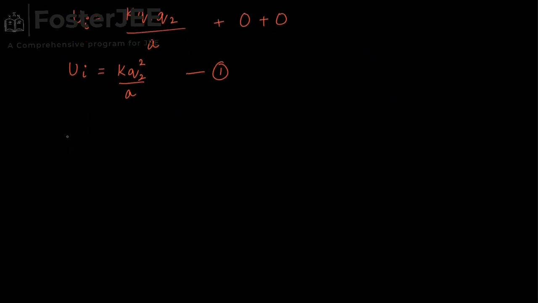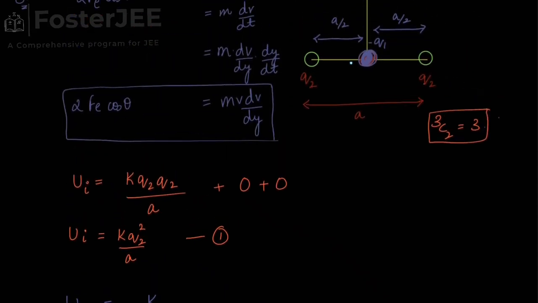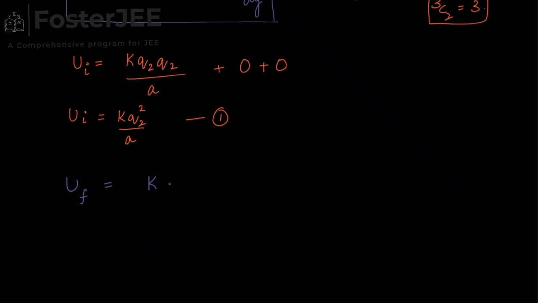Now what will be the final potential energy of the system? That would be K, first we will write the potential energy of this charge minus Q1 and this charge Q2. So that would be K Q1 Q2 upon A by 2.